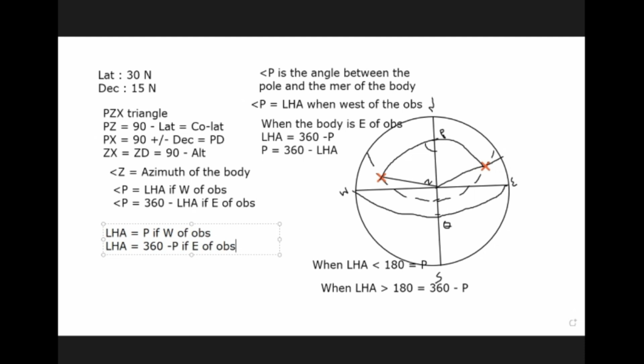You can also say if LHA less than 180, it is equal to P. If LHA greater than 180, it is equal to 360 minus P. Various methods of finding P from LHA and finding LHA from P.